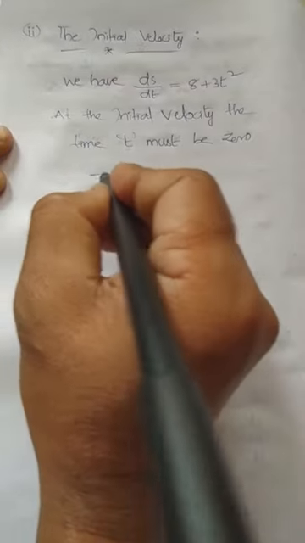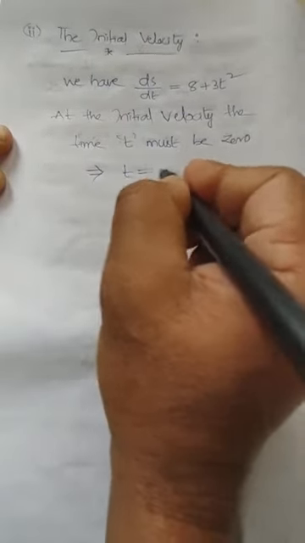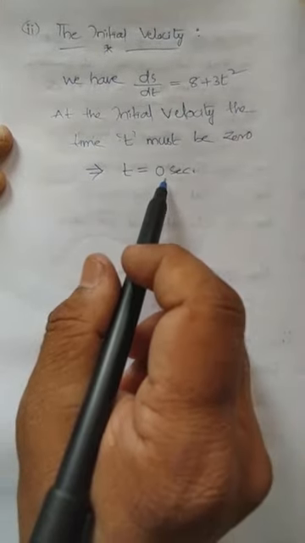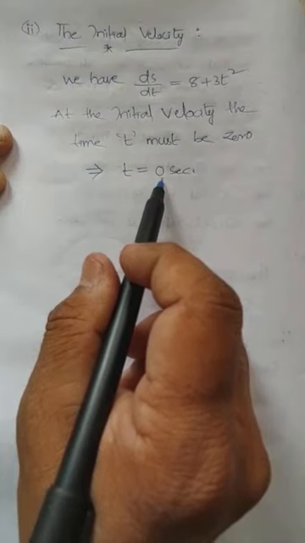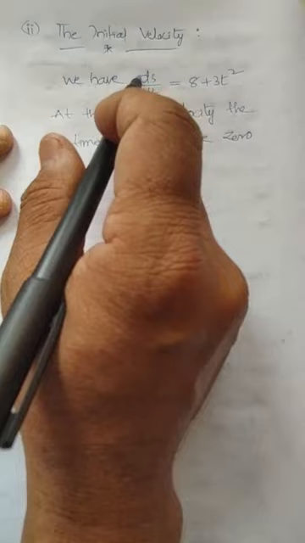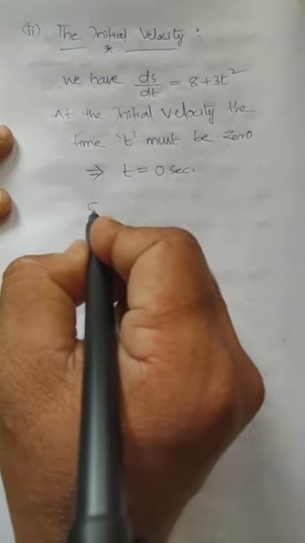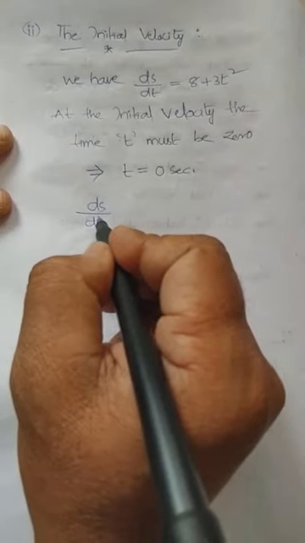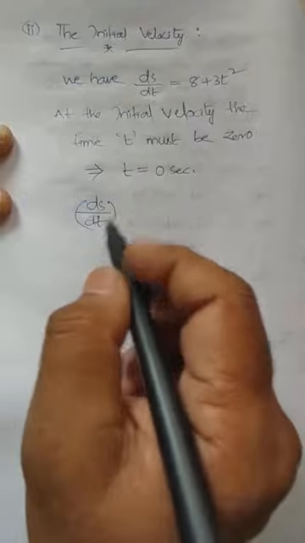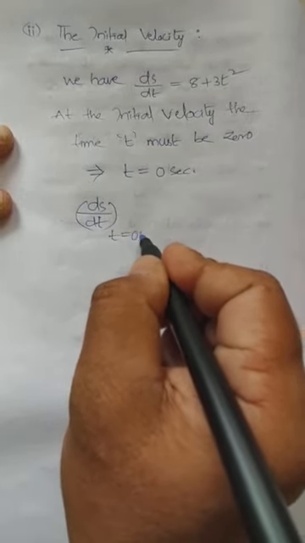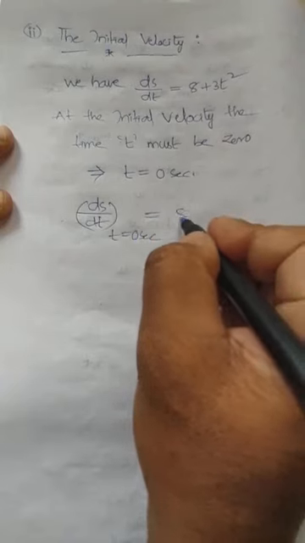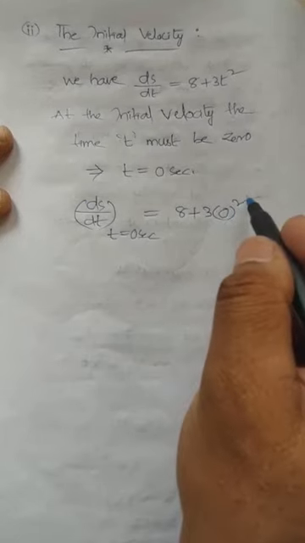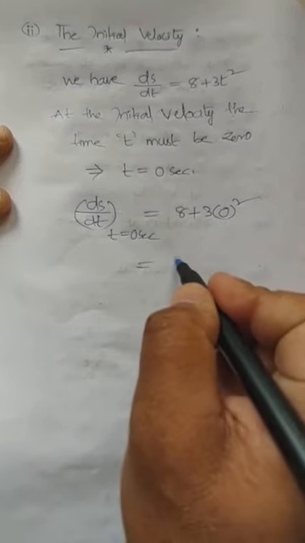That implies we take t equals 0 seconds. So we would get the initial velocity at t equals 0 seconds. ds by dt is the velocity at t equals 0 seconds, which I am finding. So 8 plus 3 into, in place of t, substituting 0 square, so it is 8 plus 0.